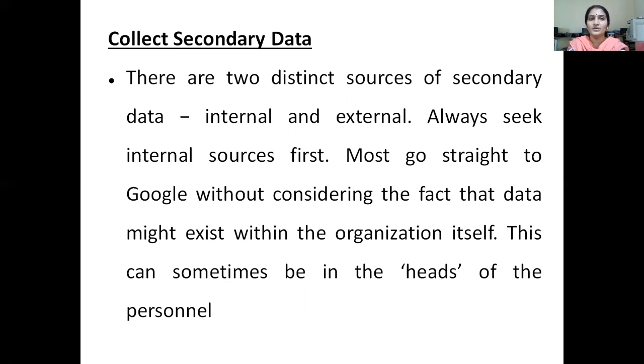So before going externally, let us first understand what data is available internally and can be used in the research process. Within the organization itself, what kind of data can we collect for achieving the research objectives? This can sometimes be in the heads of the personnel.